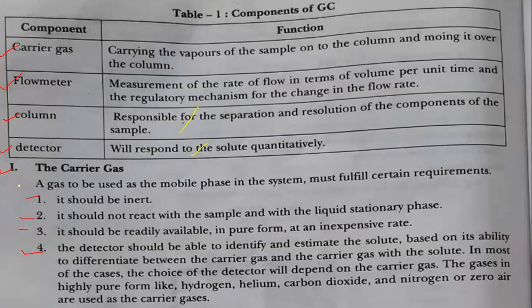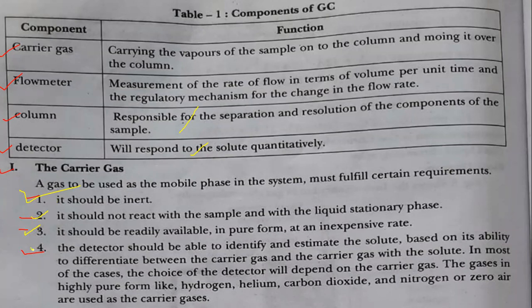So it should be inert, म्हणजे तो react व्हायला नको. It should not react with the sample and with the liquid stationary phase, right? It should be readily available in the pure form. It should be inexpensive, and it should be non-toxic.